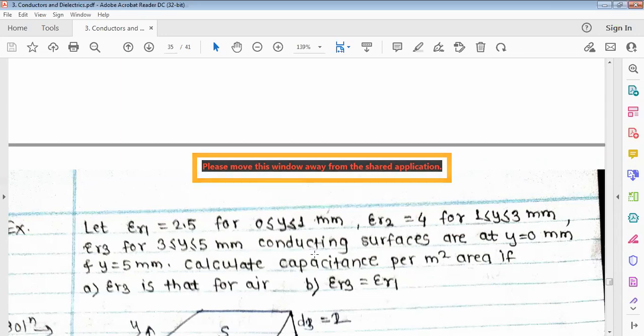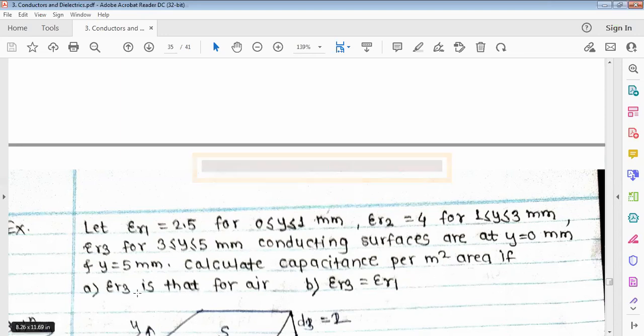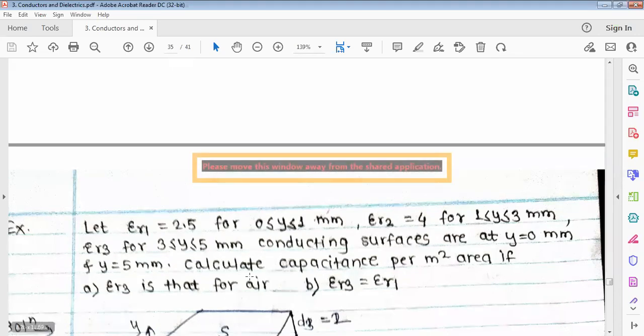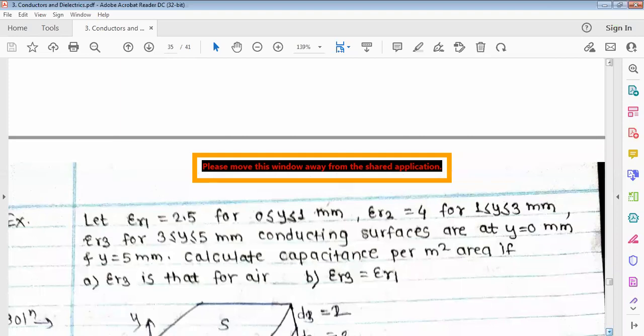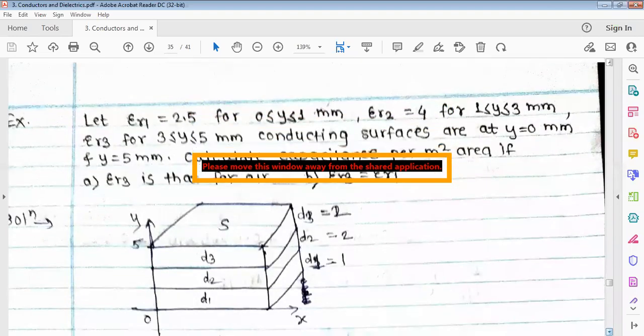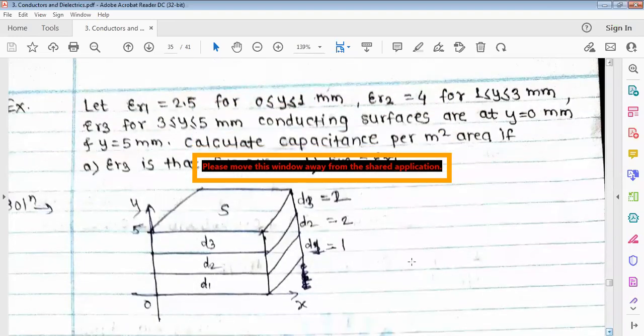Not only capacitance, C upon A we have to find, if epsilon r3 is that of air. Okay, for air we have to find, and the second condition is epsilon r3 equal to epsilon r1, that is 2.5. So first we have to consider this figure according to the given data.